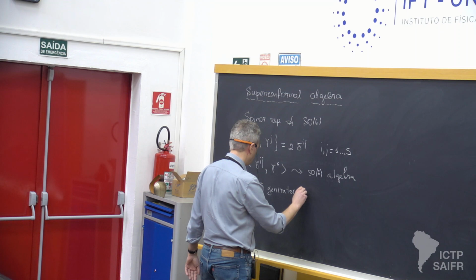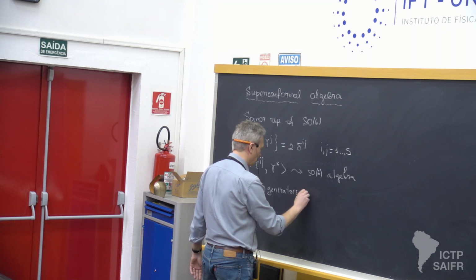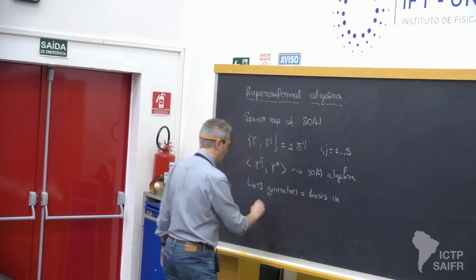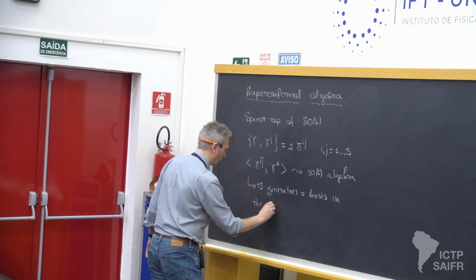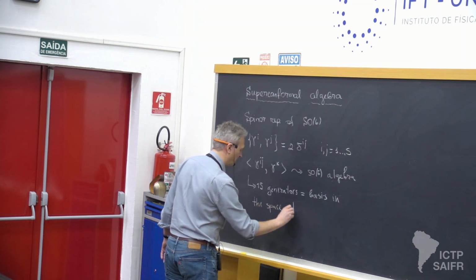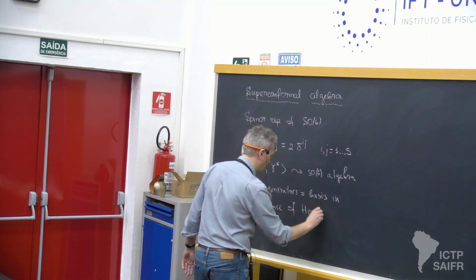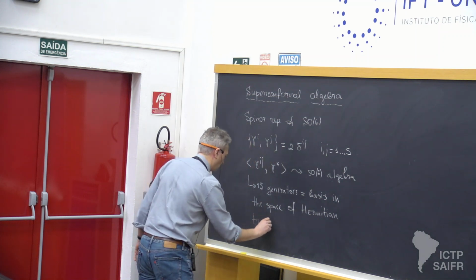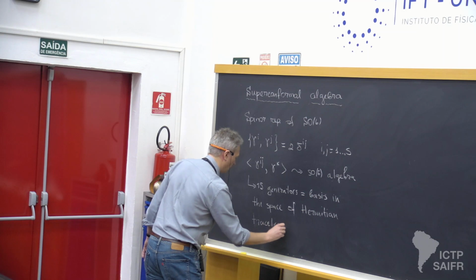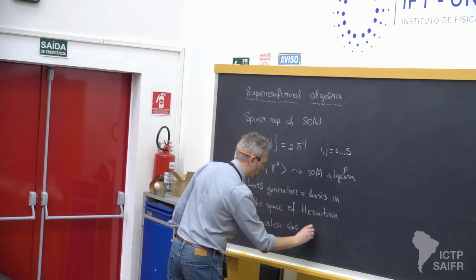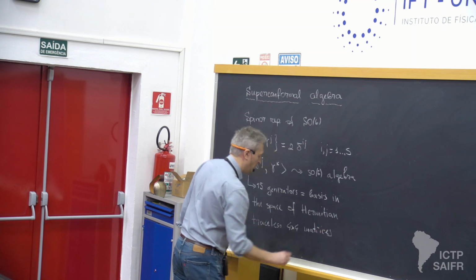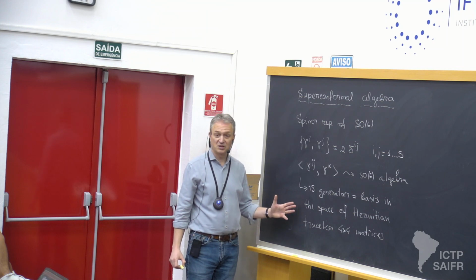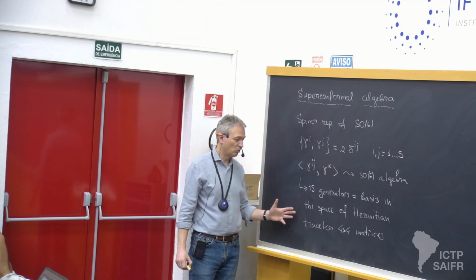So this is a complete basis in the space of Hermitian traceless 4x4 matrices, and usually we identify this with the SU group.